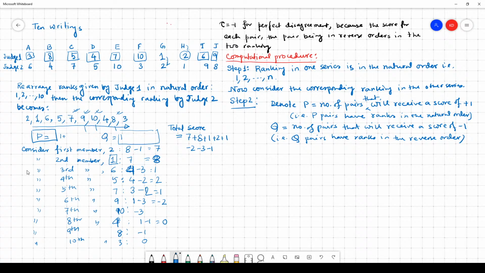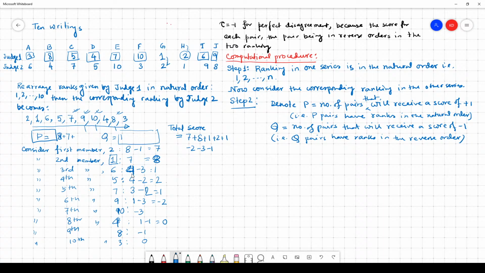According to my calculation, for the first member, the positive pair count is 8. For the second member, it is 7.